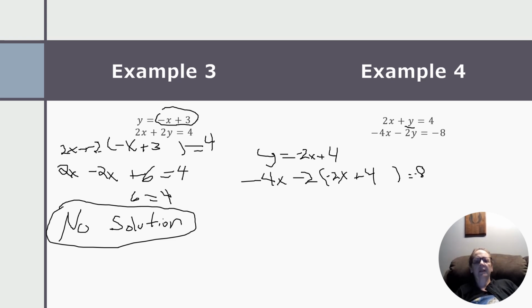So I have negative 4x plus 4x minus 8 equals negative 8. So again, the x terms drop out, and I end up with negative 8 equals negative 8. So that is a true statement. So that means these are both the same line.